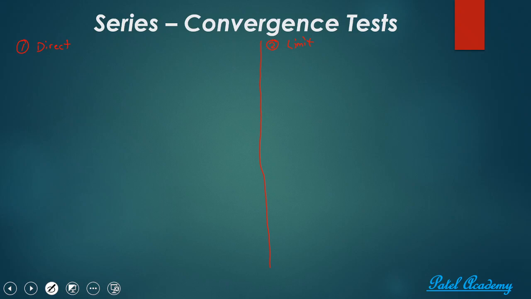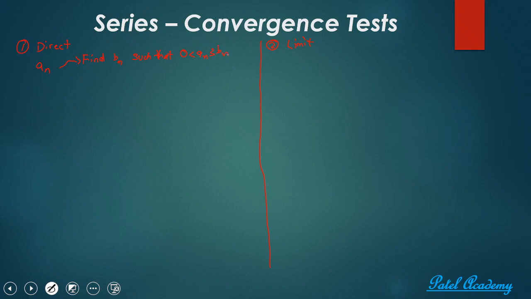What does the direct comparison test say? Well, let's say you have your original a at n. Find some value b at n such that 0 is less than a at n, which is less than or equal to b at n.